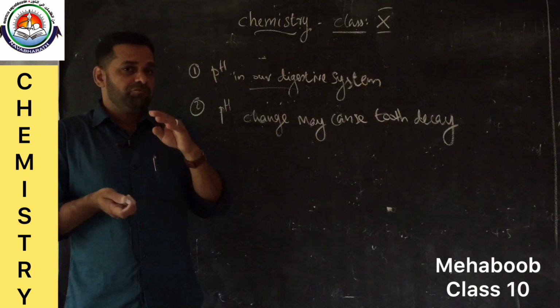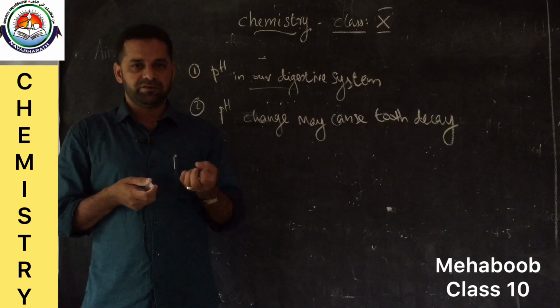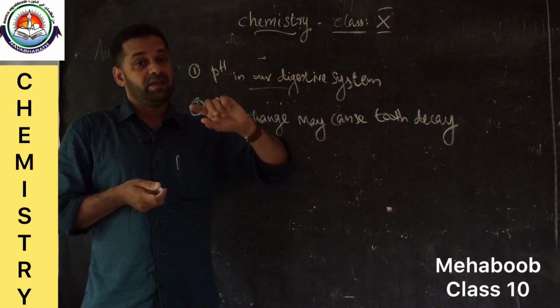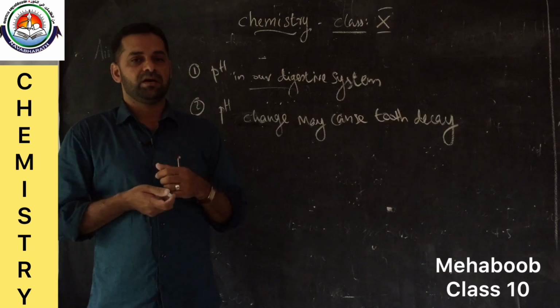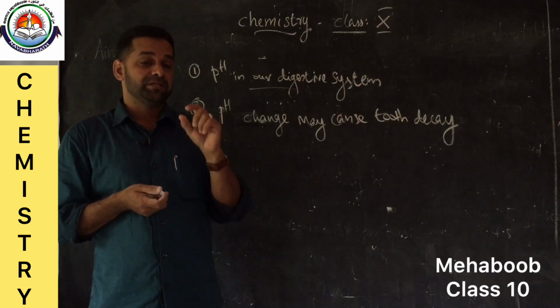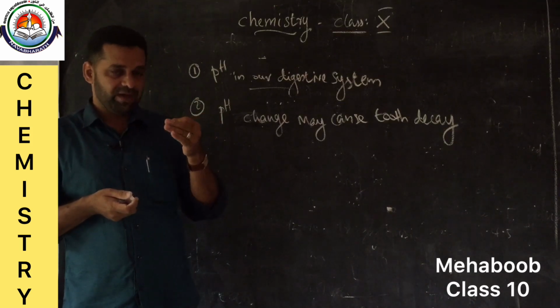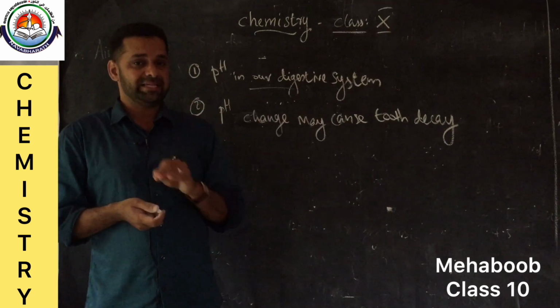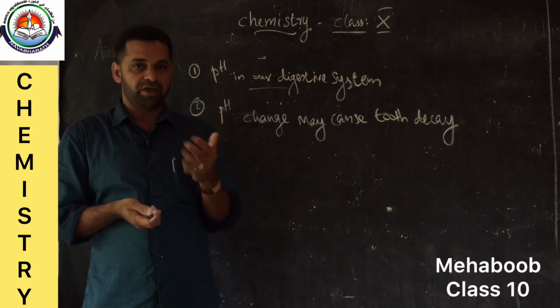And not only that, if we take more sugar-containing food, the pH value of the saliva decreases, which means it becomes more acidic. That is, it may become 5.5 or 5.